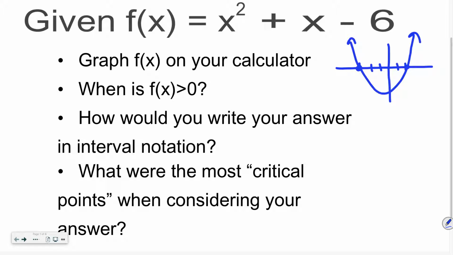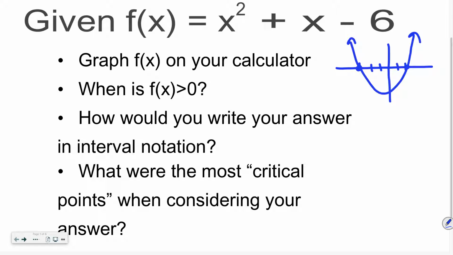Okay. And what would we need to look for on our picture in order to do that? Like y is positive. X-intercepts. Okay, x-intercepts would be good. So would we look above that or below that? Above. Okay. Y is going to be positive above the x-axis. Do you agree? Okay.